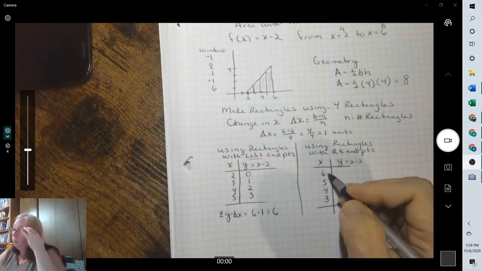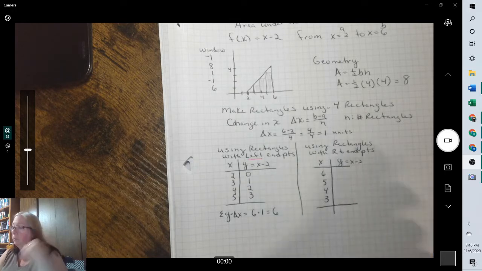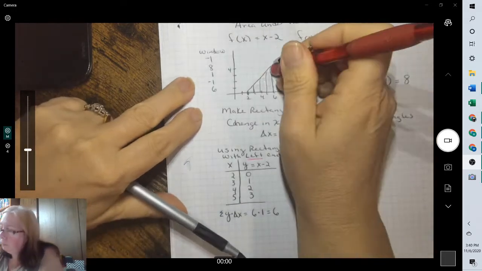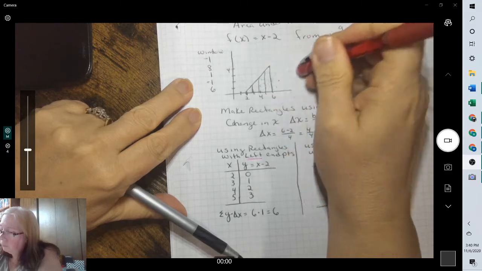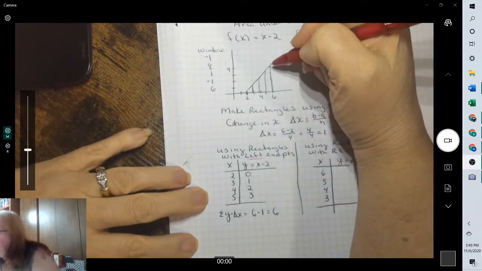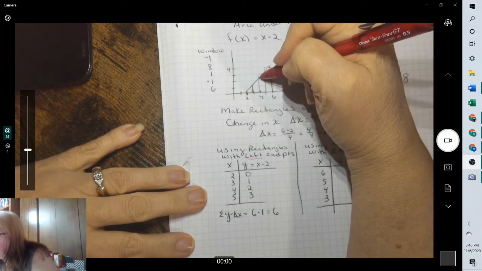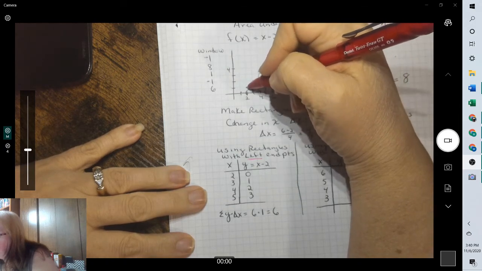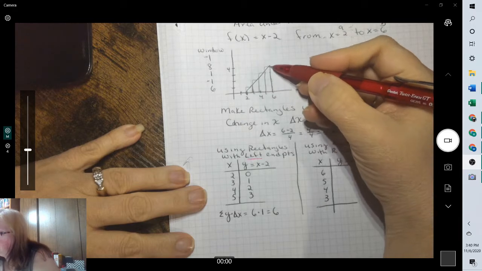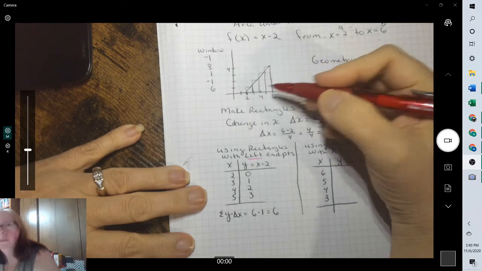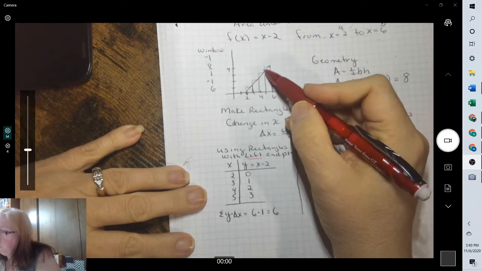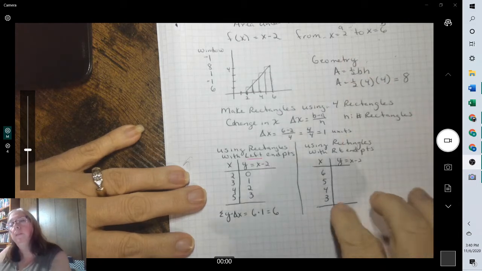And again, we stop at 3 because we only want 4 of them. This time we're using the height of 6, and then this one. So we're using this higher height for our rectangles, which means we're going to be over. So this one's going to be a little bit higher.